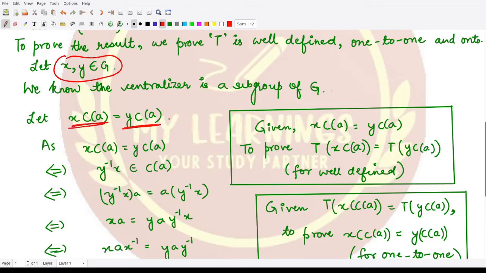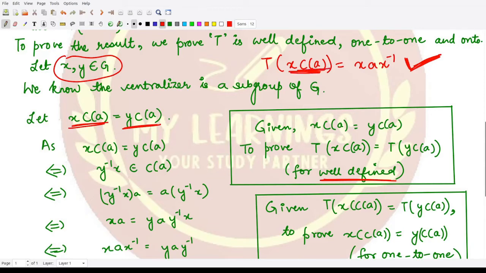Because in order to prove a well-defined mapping, what do we do? Now what is your T? T of X C(A) was equal to X A X inverse. In order to prove that the mapping is well defined, what do we do? We take the domain elements as equal.